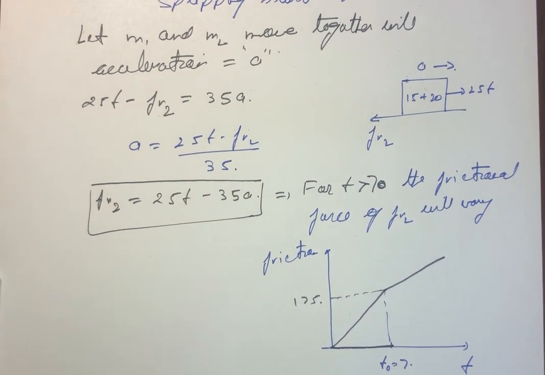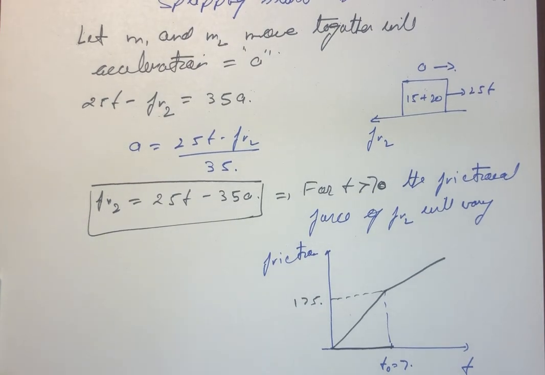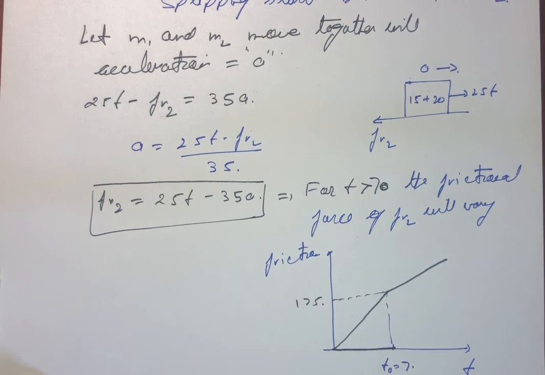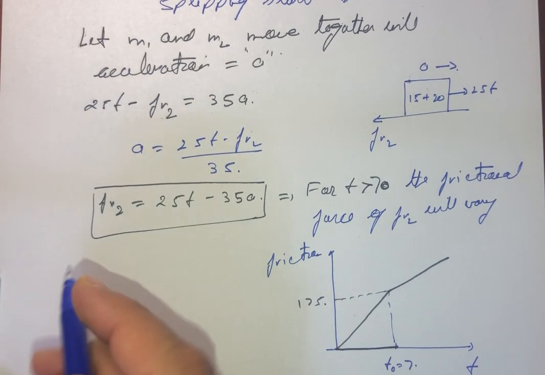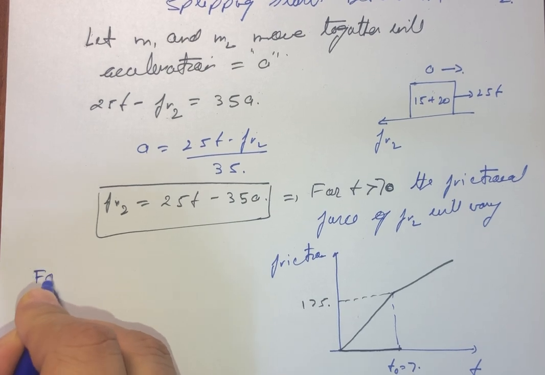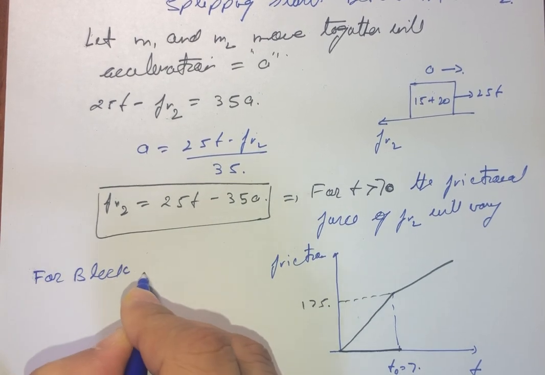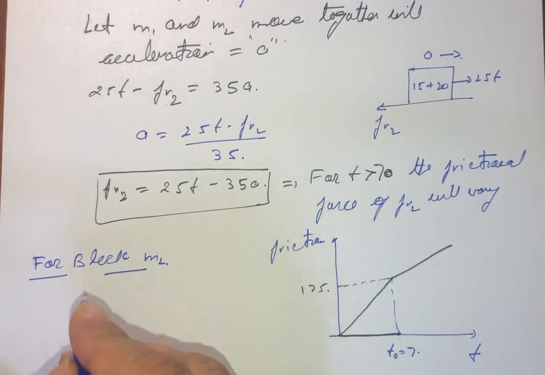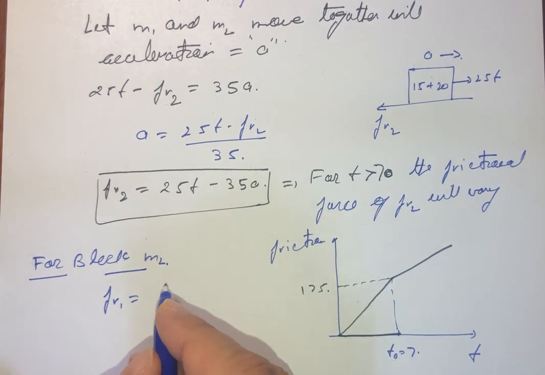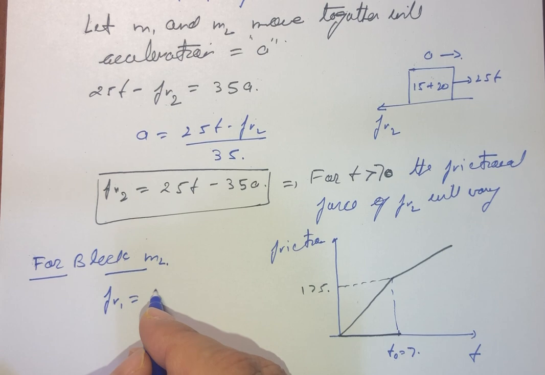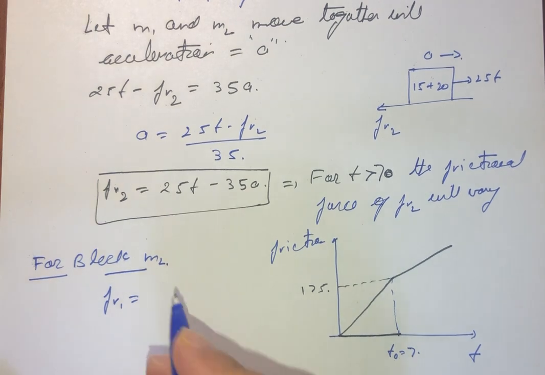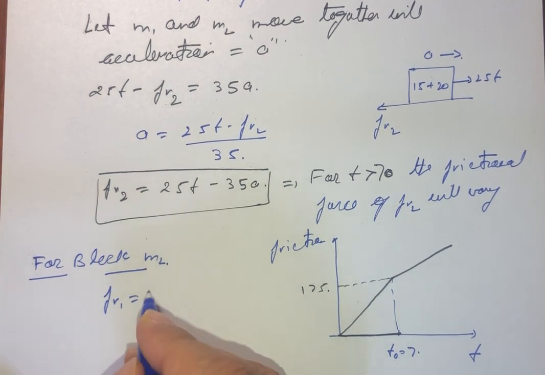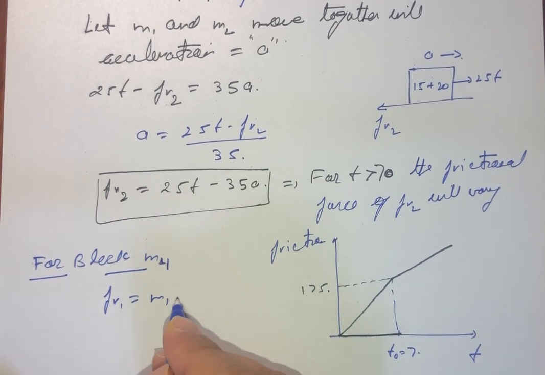Now let us find the equation for FR1. For block M1, FR1 is equal to M1 into acceleration a.